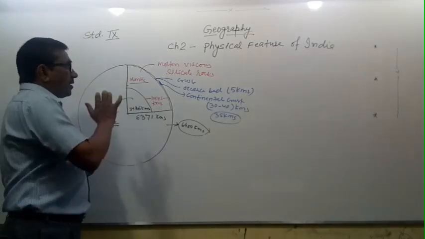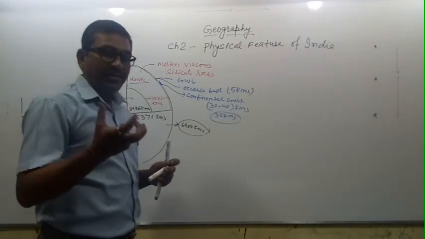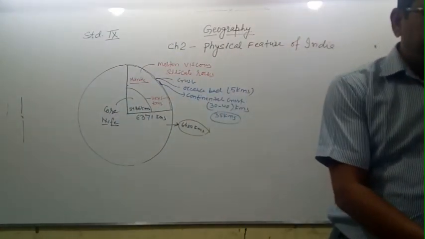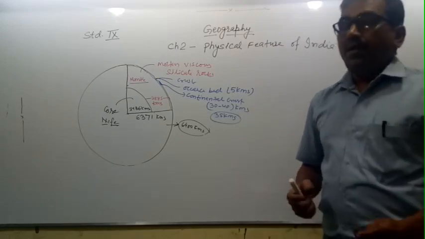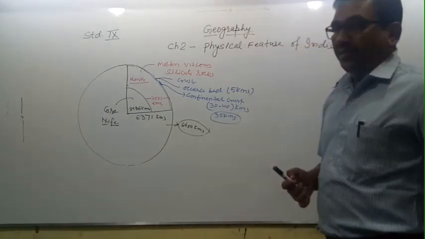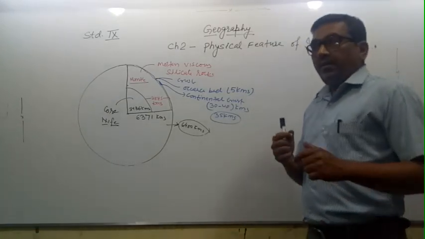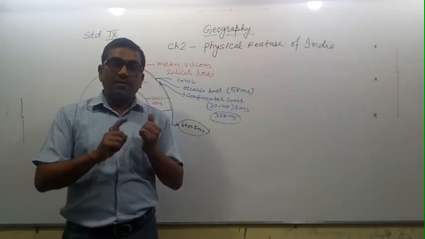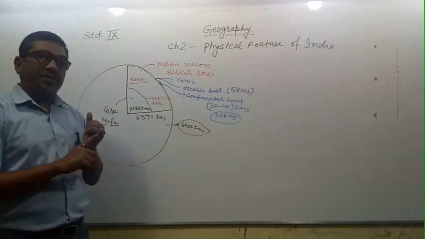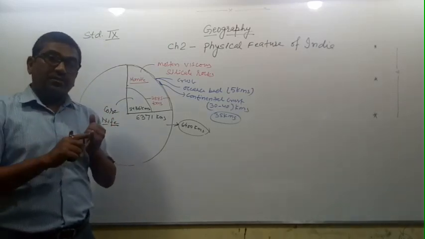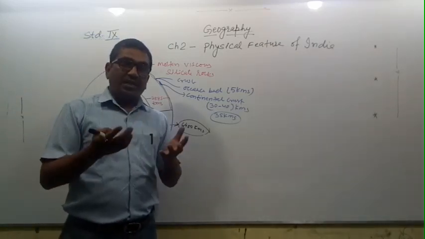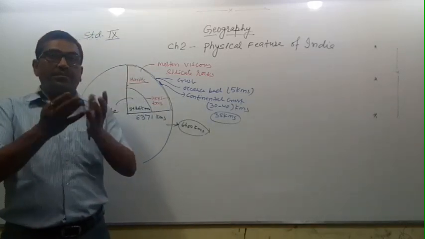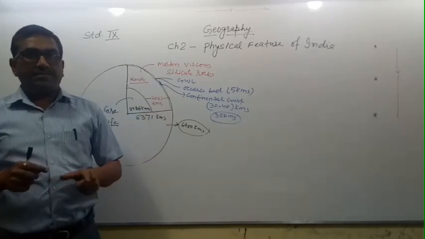Now this molten magma, which is in the molten state, makes a convection current. You have read about the transfer of heat: conduction, convection and radiation. In a convection current or convection cell, the hotter parts rise up and colder parts sink.